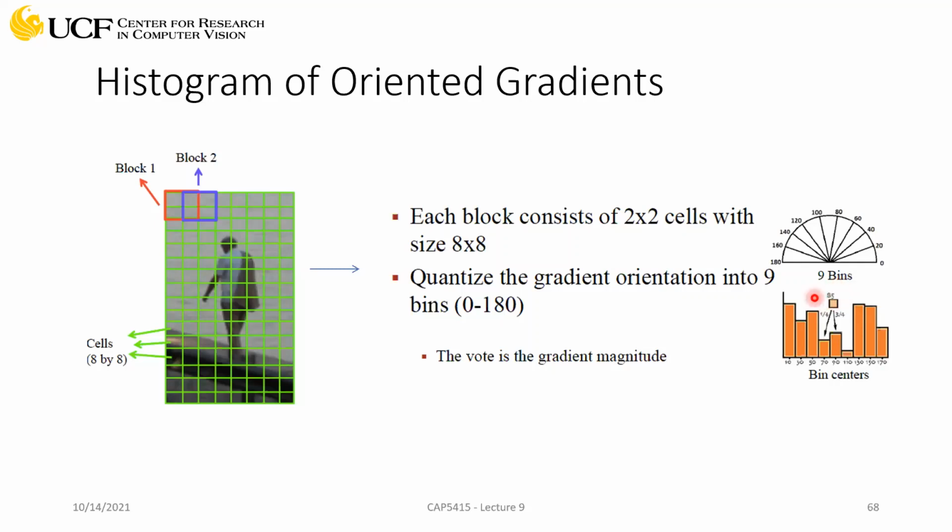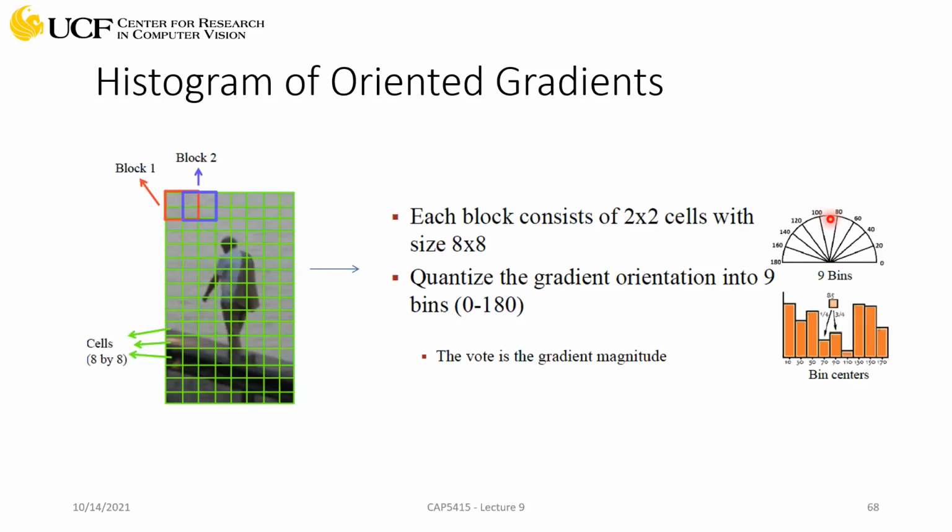So there is a pixel in a cell with orientation 85, and let's say the magnitude is 200. Okay, magnitude, just forget about that right now. We'll use that later when we populate the values in these bins. But let's focus on 85. So 85 will be somewhere over here, right?